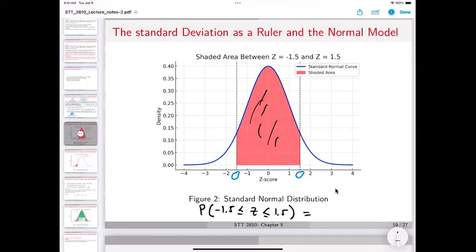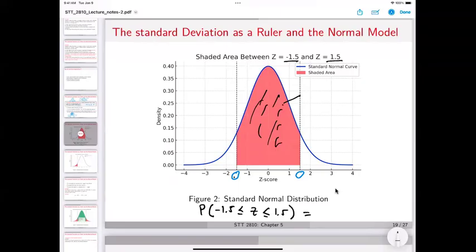Sometimes you can also be given the area and be asked to find what z value corresponds to that. In this situation, we have the z values and we are looking for this area. Does that make sense? There are some situations where you'll be given this area and asked to compute those z values. So for example, here, this is a standard normal, and we want to find the area between negative 1.5 and 1.5.